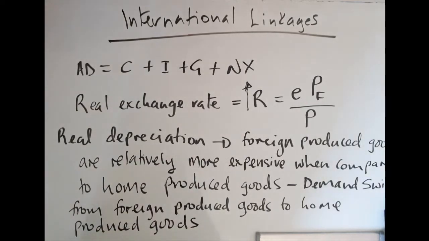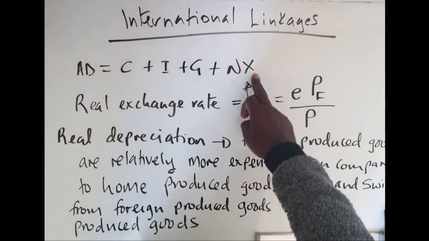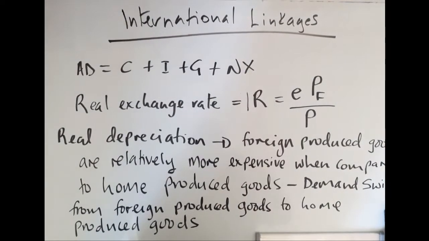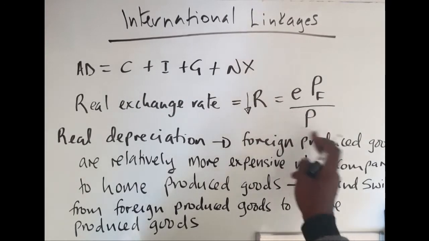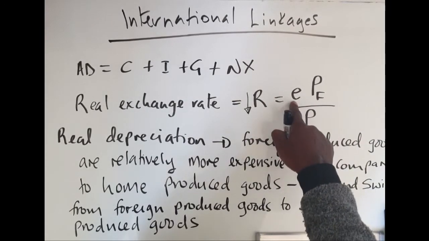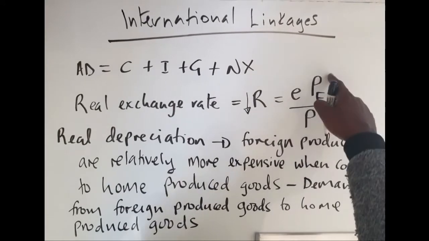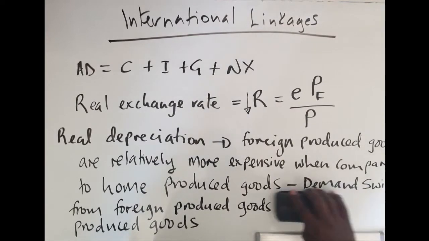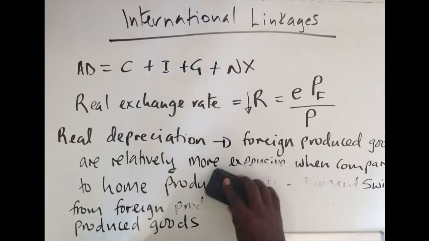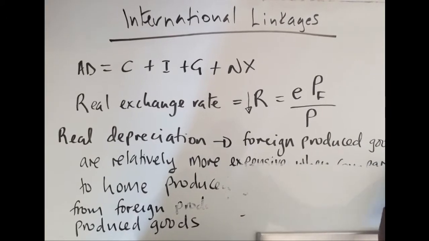But R can also fall. What will cause R to fall? We are assuming that the nominal exchange rate is not changing. What can only change is the foreign price relative to the domestic price.